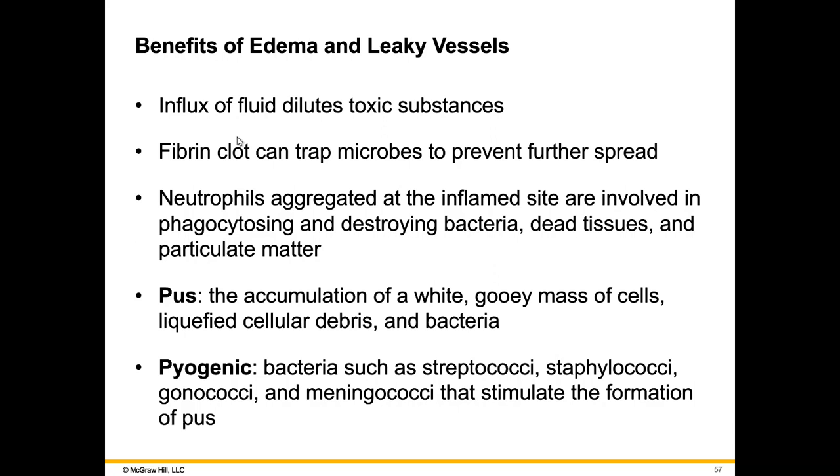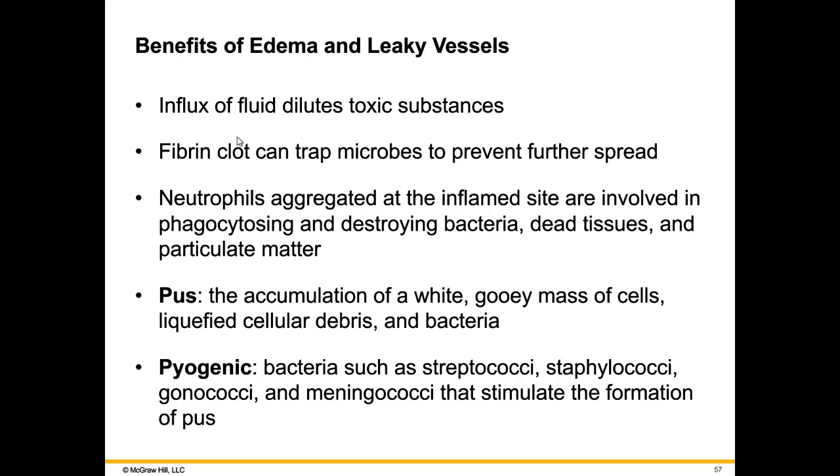And pus, I know y'all have seen that. It's that really nasty looking white gooey stuff that comes out of, a great example would be pimples, but with infections they don't necessarily have to initiate as a pimple. But any pus is a mass of cells like bacteria, white blood cells, and lots of cell debris, and it causes swelling in the local area.